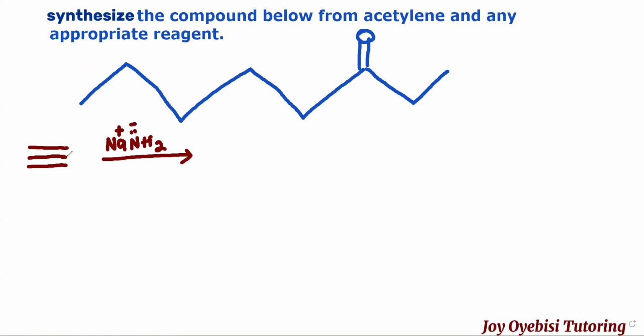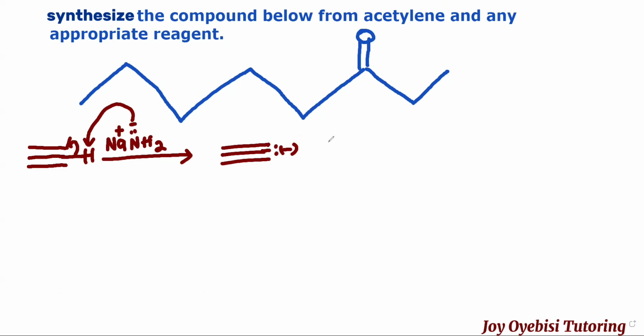So if we write out the hydrogen that is on that carbon, this is going to pick up the hydrogen, and this bond is going to break in, which means that I'm going to have a triple bond with a lone pair and a negative charge. So removal of that hydrogen will create this particular ion.